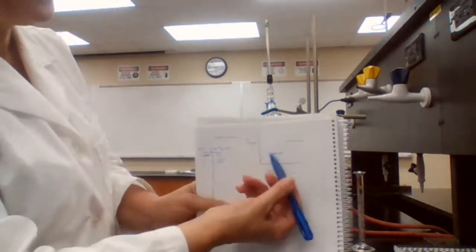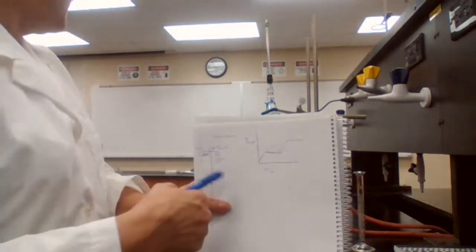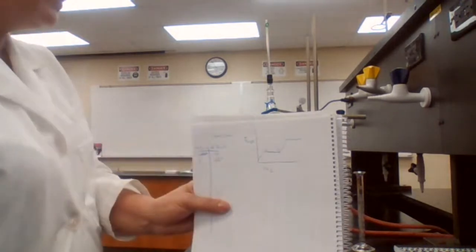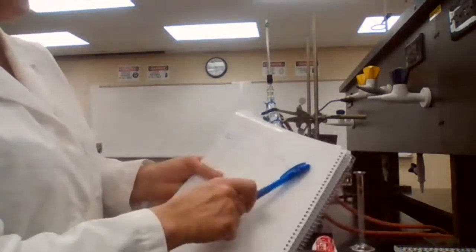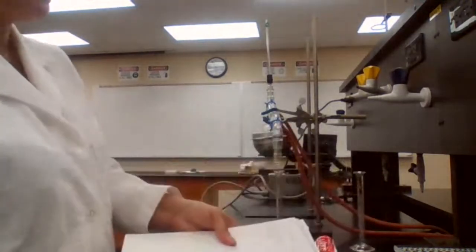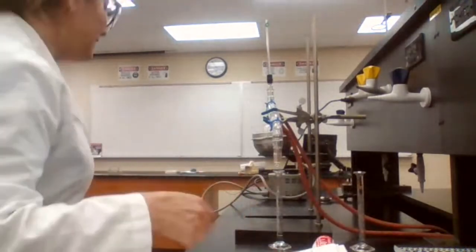This is a perfect graph under perfect conditions, but the lab condition is not the perfect condition, and I'm going to show you other graphs that you might see. Let me bring a different color. I can draw it on the same graph for you.